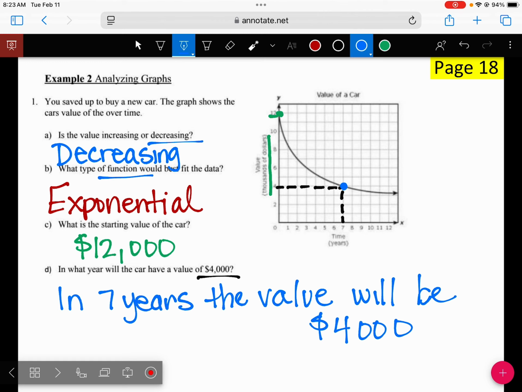We all got the first part right. Yeah, this is always going to be an exponential function.